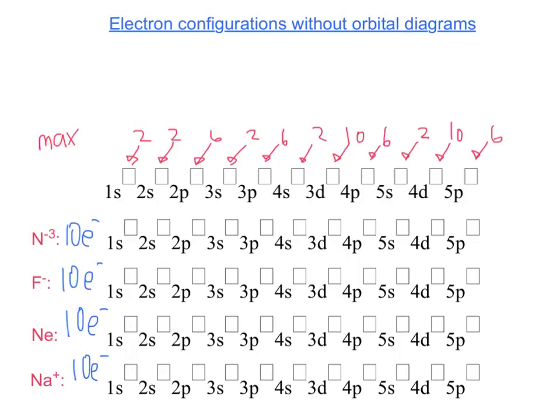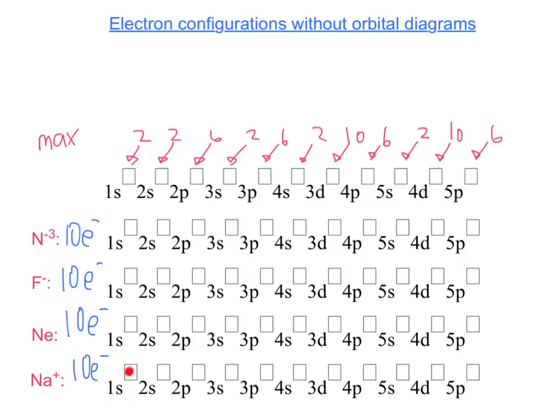Now, when we look at ions, you're going to notice some of them all have the same number of electrons. For example, we have nitrogen minus 3. It has 10 electrons. Fluorine minus 1 is 10 electrons. Neon is a noble gas and is not an ion, but it has 10 electrons.